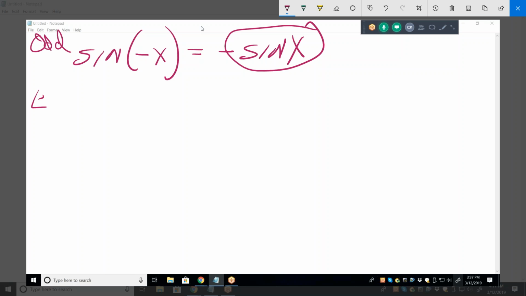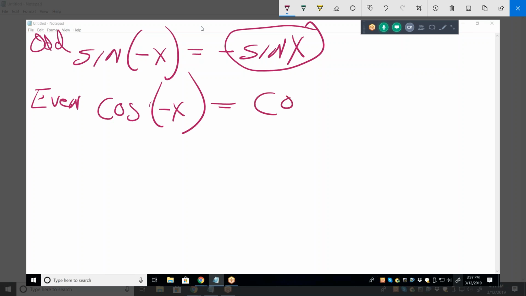If I have an even function, like cosine, then that is equal to that. Okay? And knowing these, and tangent is also odd. Those are the three you need to know right there.